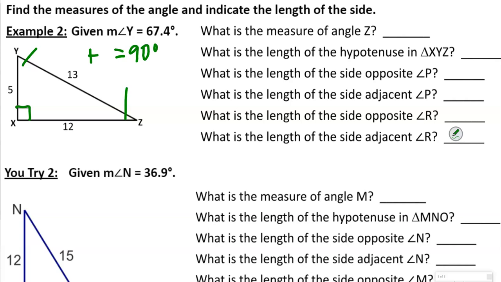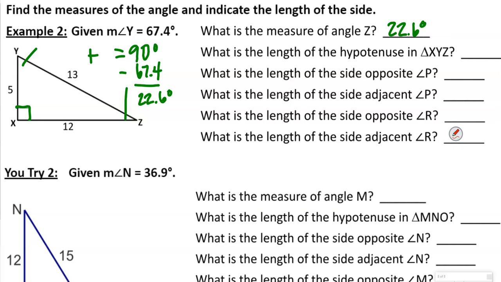Anytime we have one of those angles, we can just subtract it from 90. So we're going to subtract 67.4 from 90. And that's going to give us 22.6 degrees for angle Z. 22.6 degrees, okay?